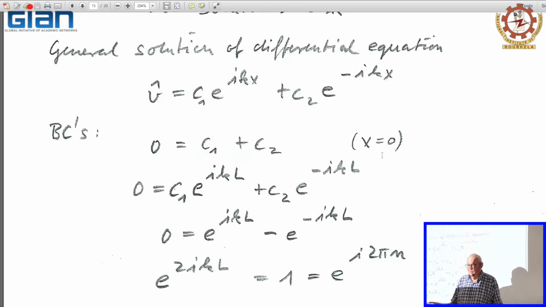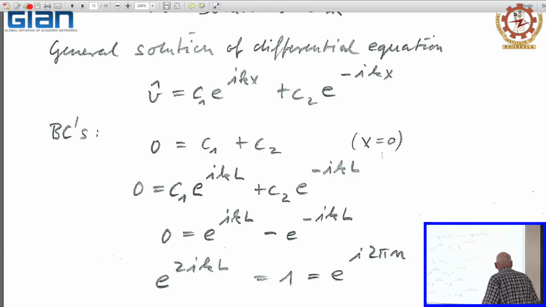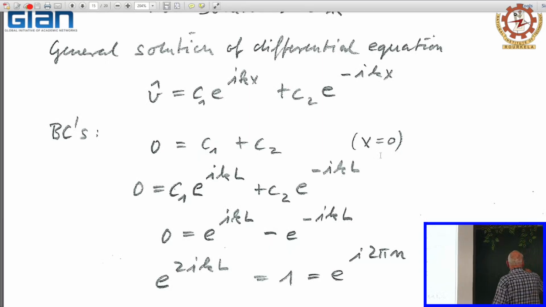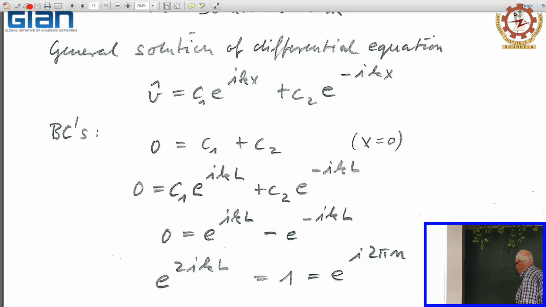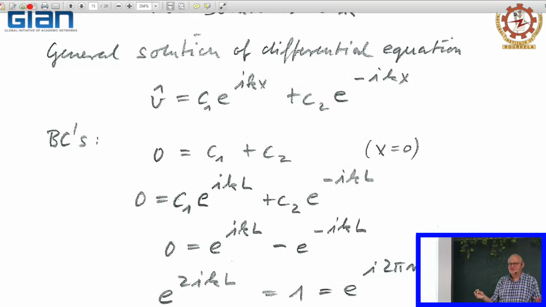1 in the complex plane is not unique. You know, in the complex plane, here you have the imaginary axis and the real axis. You have the unit circle, and here you have 1, and you can represent 1 as e to 2 pi i n.